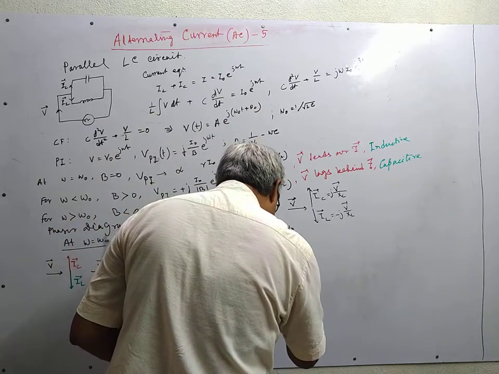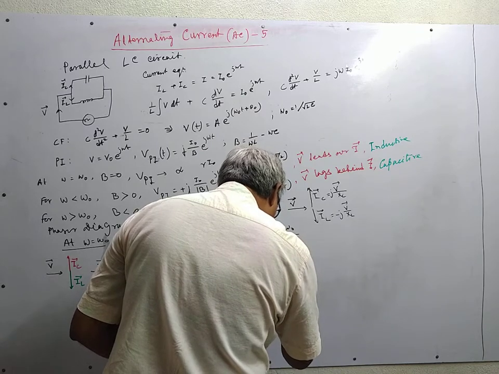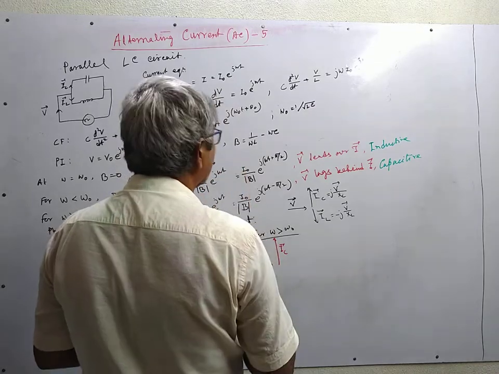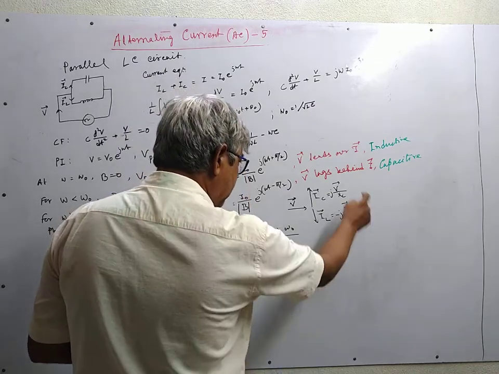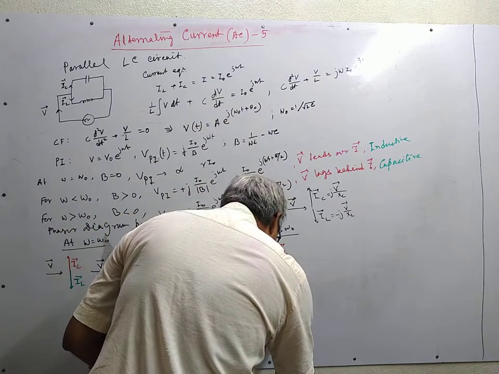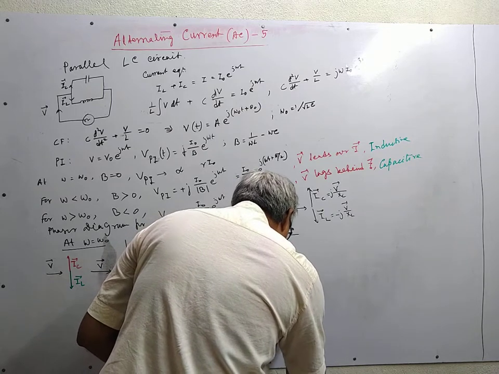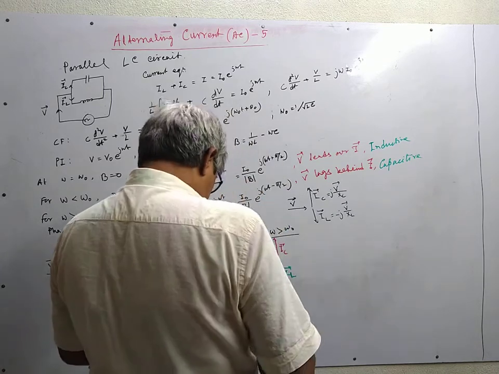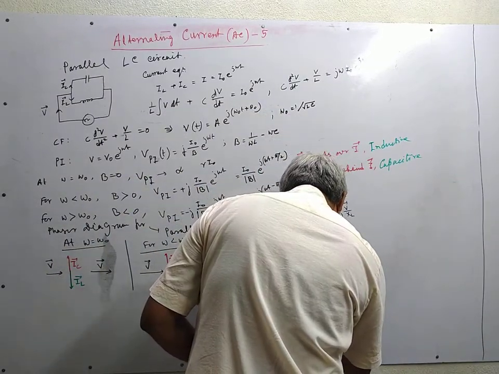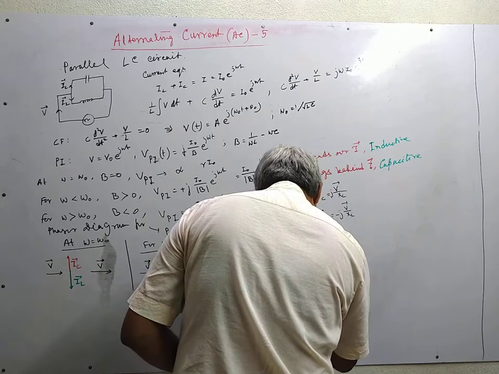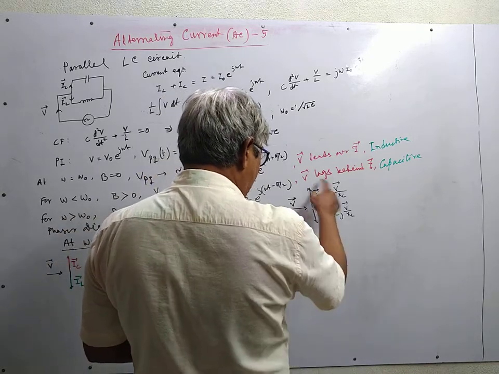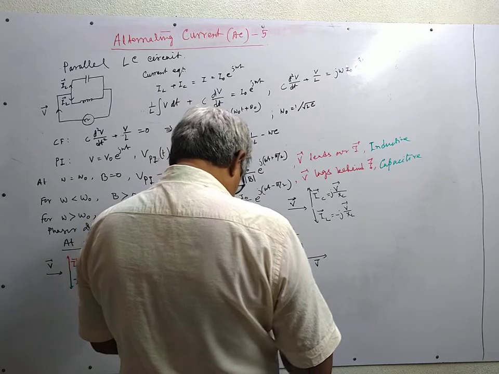IC has a larger magnitude, which is obvious from the expression for IC and IL. So the circuit effectively becomes this. I is ahead in phase over V, so V lags behind I. The circuit is capacitive.